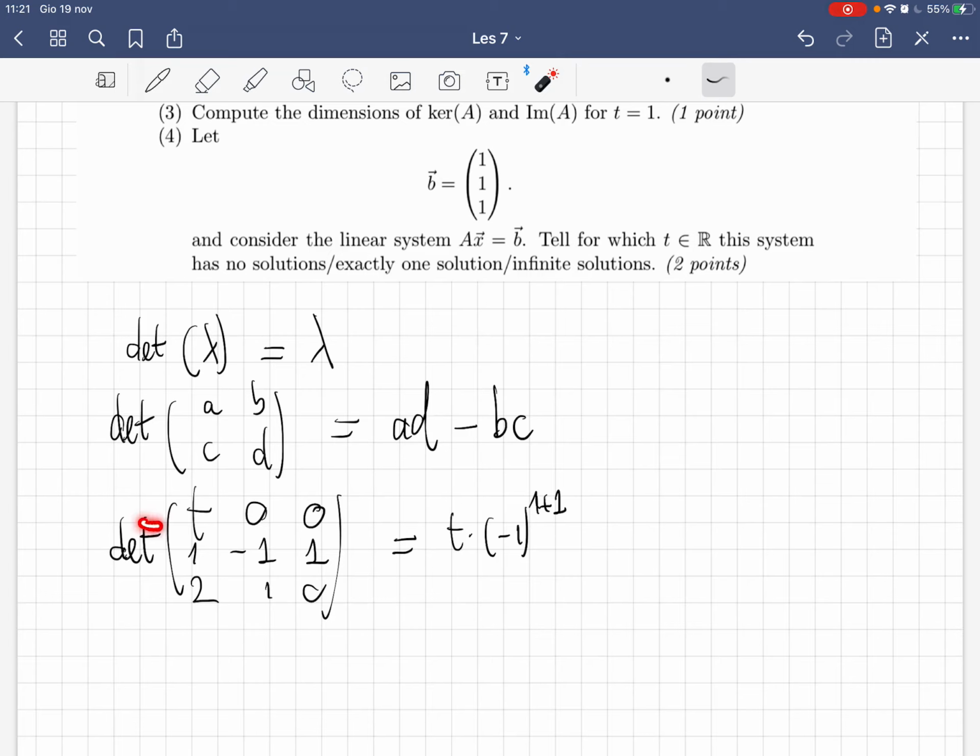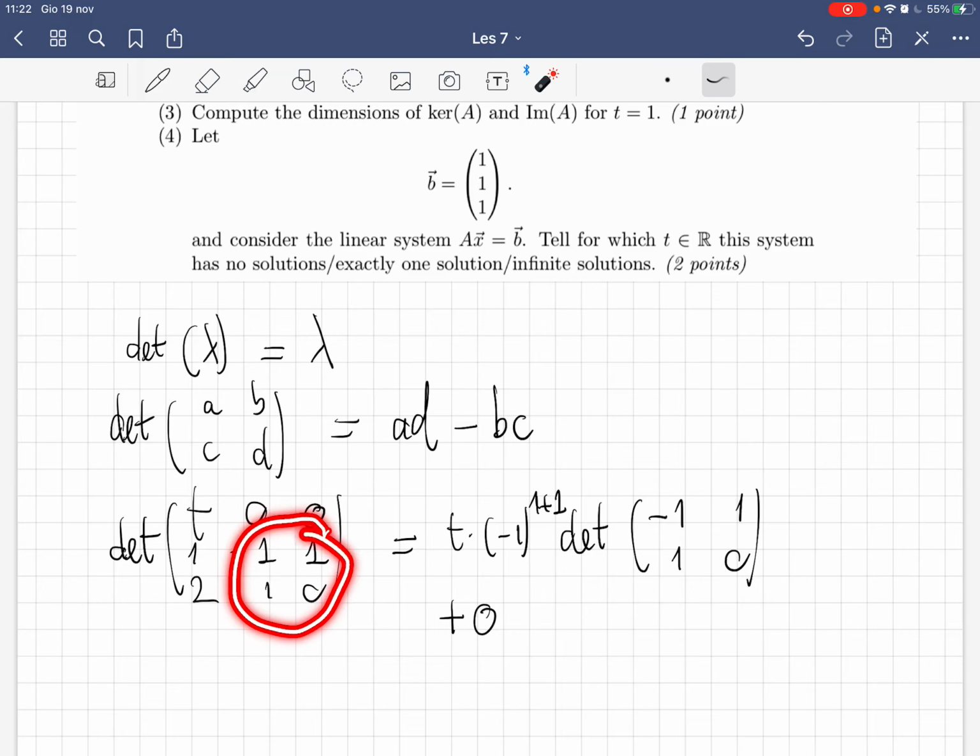You follow this row, times the determinant of what's left, and then if you go on, theoretically it's plus 0. At each time you cancel: for example, here we started with t, then you cancel this row and this column, and you take the determinant of what's left.